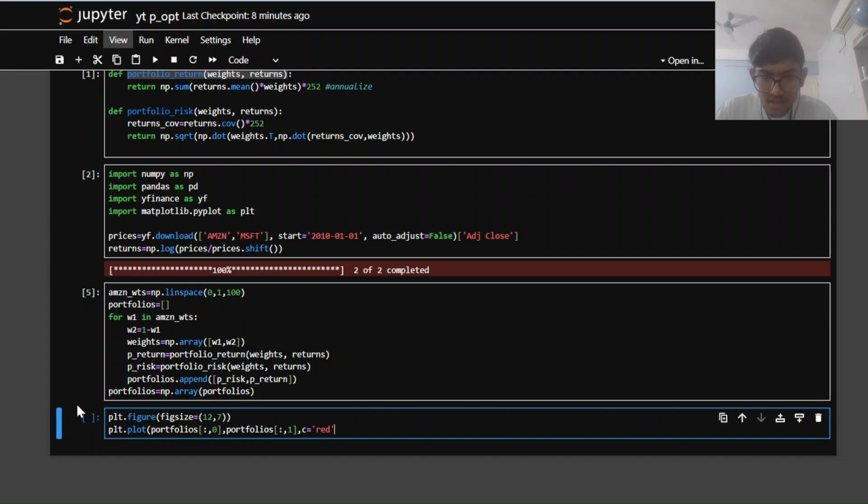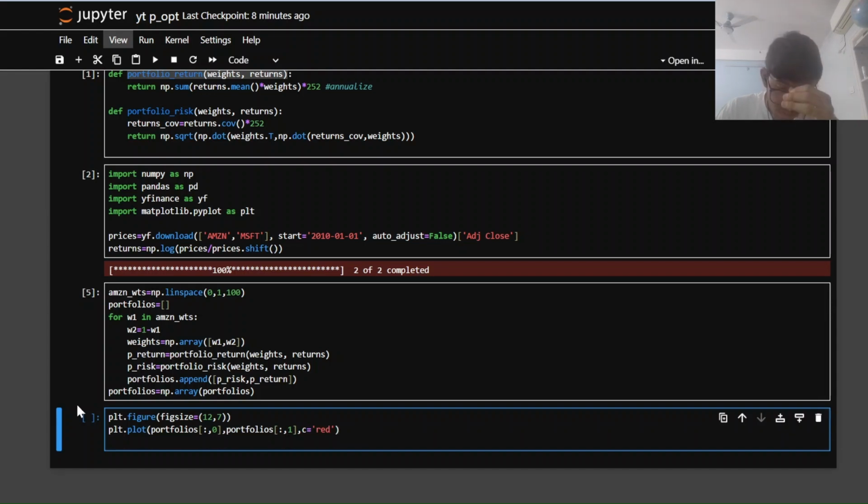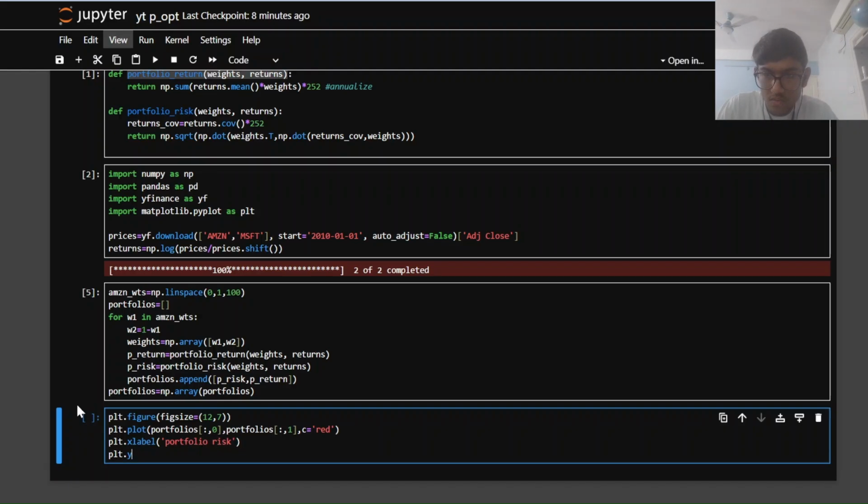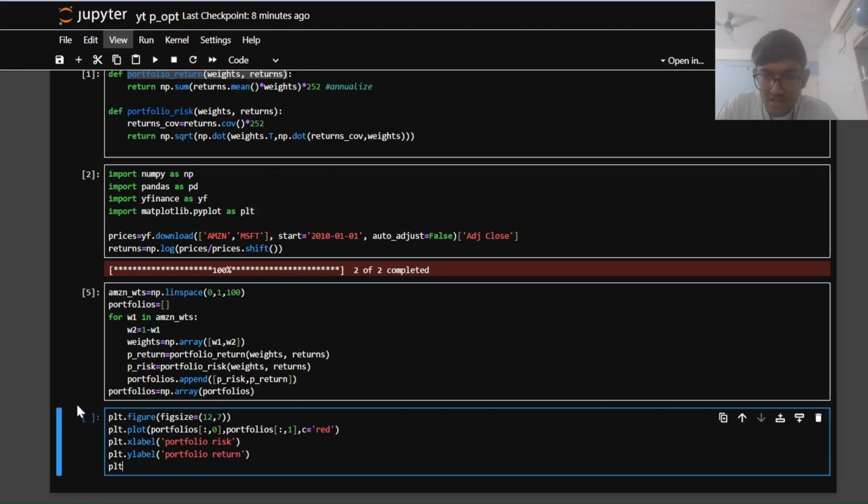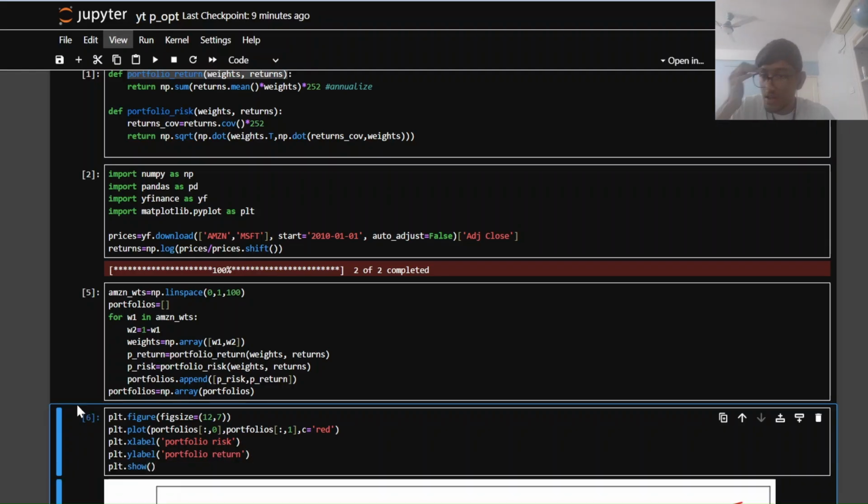And let us plot it in red color. Let's label the x-axis: our x-axis is portfolio risk, and your y-axis is portfolio return, and let us plot it.